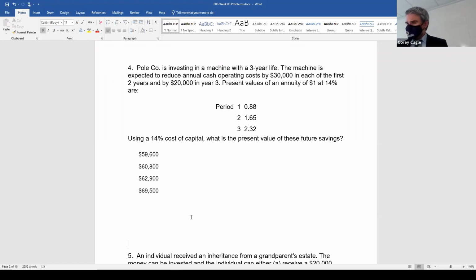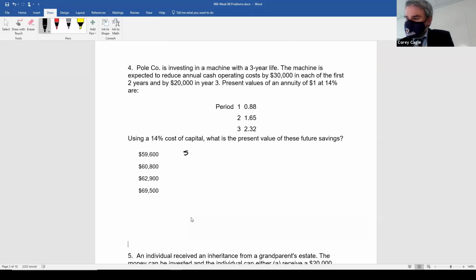All right, so looking at this, real simple time value of money question. We've got $30,000 a year from now at 14%. So this is a little snippet of our time value table here. So 1 year at 14%, the table value, y'all are familiar with the time value of money tables, right?